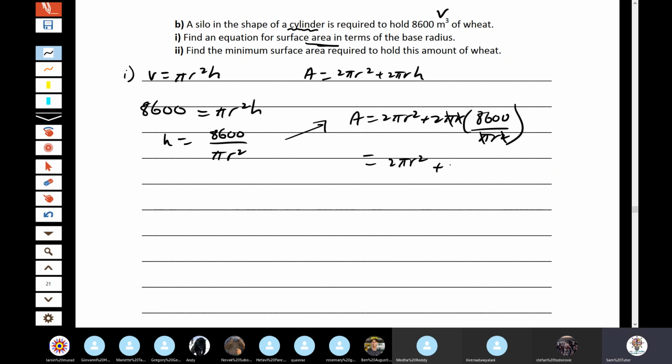So 2 pi r squared plus, what's that, 17,200, I think, over r. Someone will tell me if it's wrong. Yeah, it's all in terms of R. Pi can be there because that's just a constant. 2 is allowed to be there. It's just a constant. Are we happy with that?